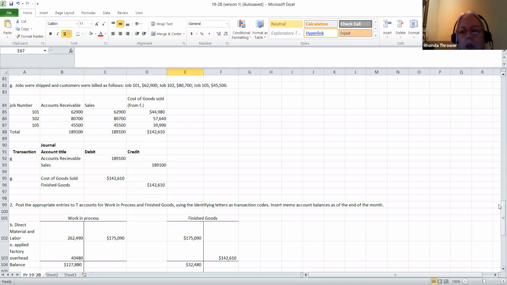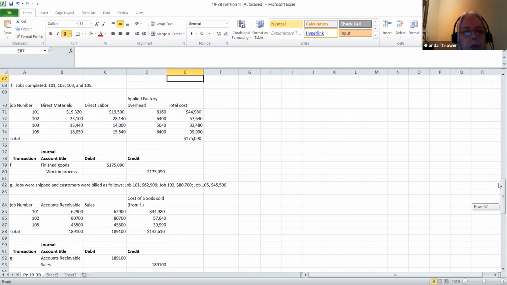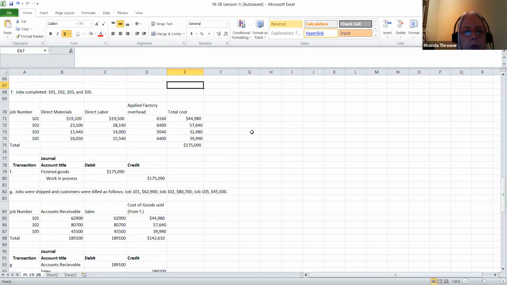The cost of goods sold, if you will remember, for job number 101 would be equal to the total cost. So this 44,980 is where I'm getting this amount. And since we shipped and billed job number 102, the total cost of it was $57,640.